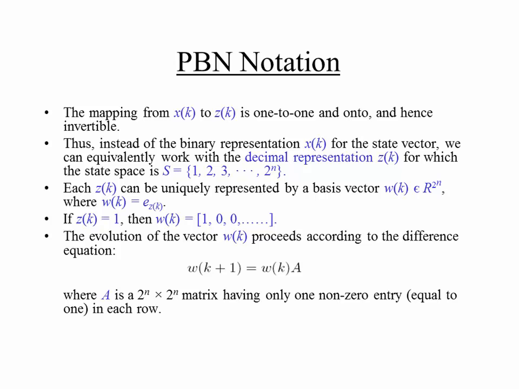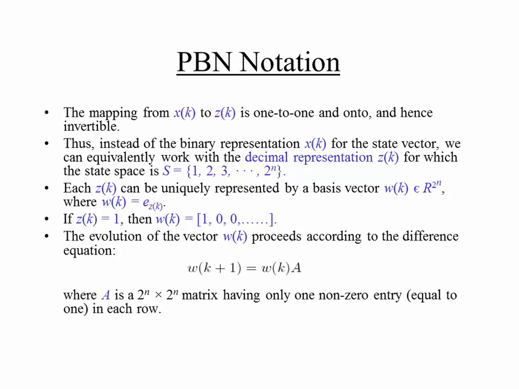So the evolution of the vector will proceed according to this kind of a difference equation. Because you have wk, that's where you started out. If it's 1, all zeros, that means you started out at the gene activity profile, all zeros. Where will you go from there? If it's a Boolean network, that's a unique place that you will go to.